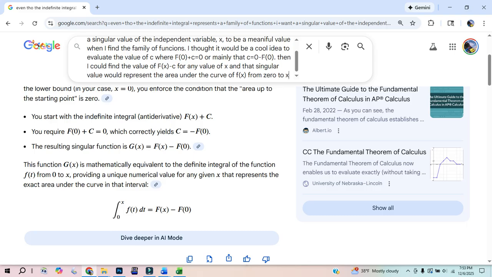And you're going to start with the original function. You're going to take a value at that function, and then multiply it by a small little width, and you're going to get a little strip of area. You're going to do that over that interval 0 to x. So I'm going to get a slice here, a slice there, and then the summation.